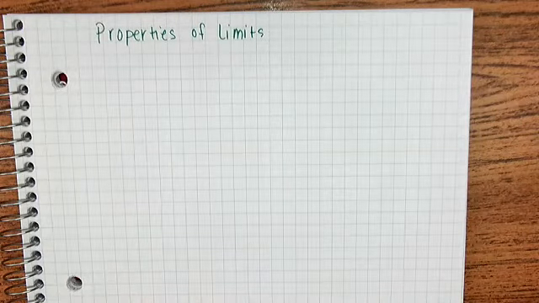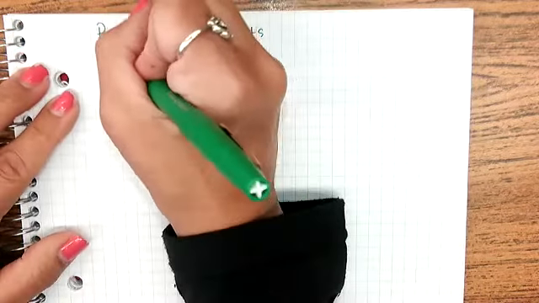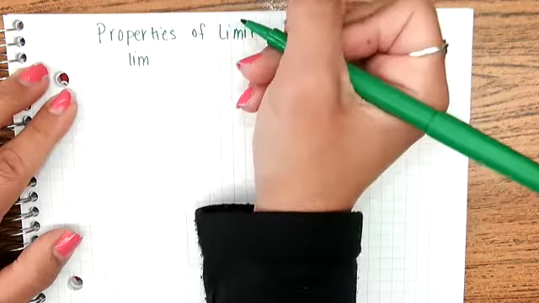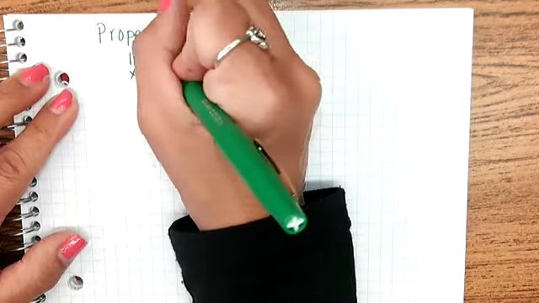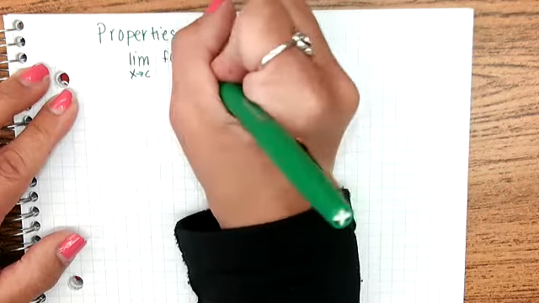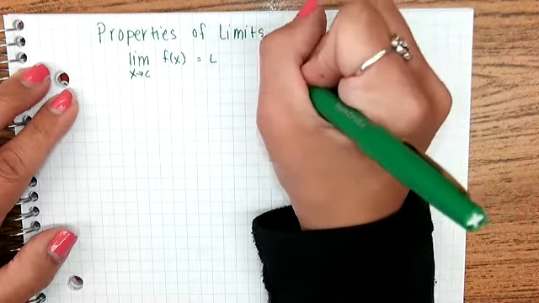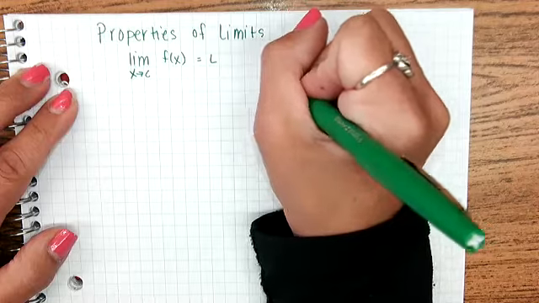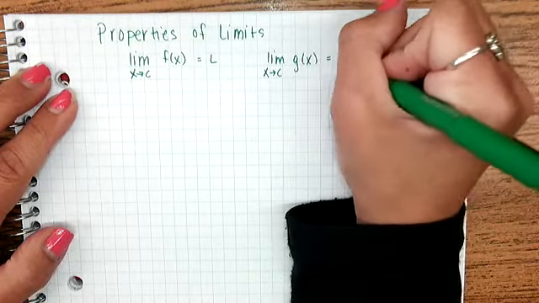I am going to walk you through some of them though. So I'll do this more as just an oral exercise. So you have the limit as x approaches c of some function is equal to L. And the limit as x approaches c of another function equals m.